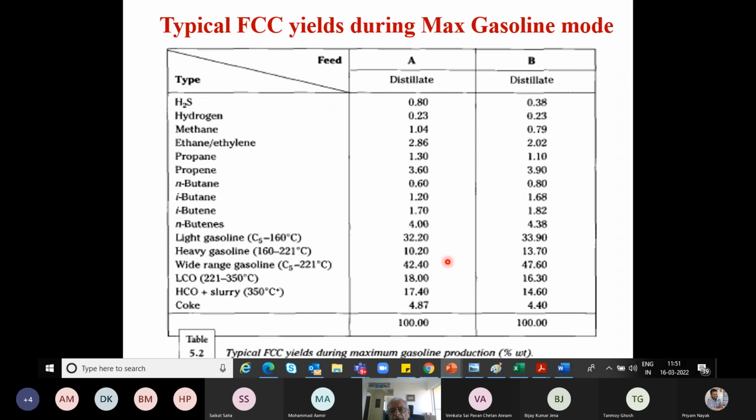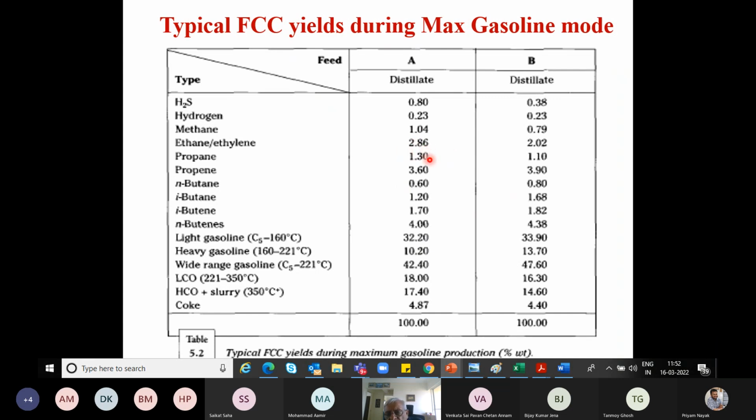You do get some H2S because there is sulfur in the feed, and this cracking reaction does produce hydrogen and methane. But what is valuable is ethylene. You get C2 components, out of which ethylene is valuable.